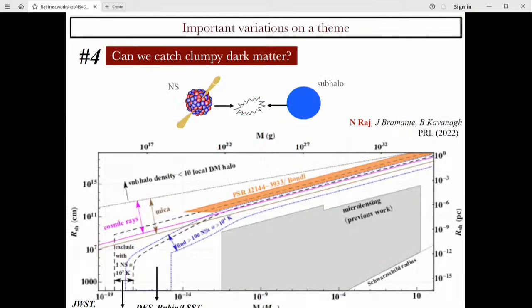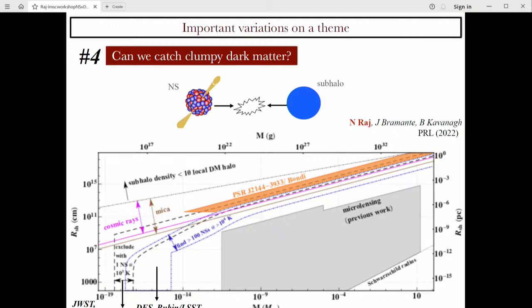Then sorry. Then let me actually talk about this plot a little bit more. So one neat thing here is that if dark matter is lumping up into these subhalos, we found that you already have a constraint on this sort of lumping from the coldest neutron star observed, and that happens to be in this slice, the orange slice.